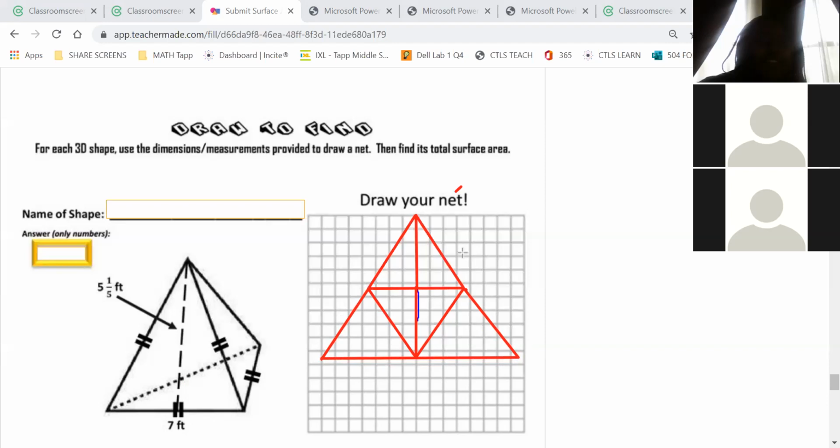All right. So again, not perfect, but we have 1, 2, 3, 4 of our triangles here.